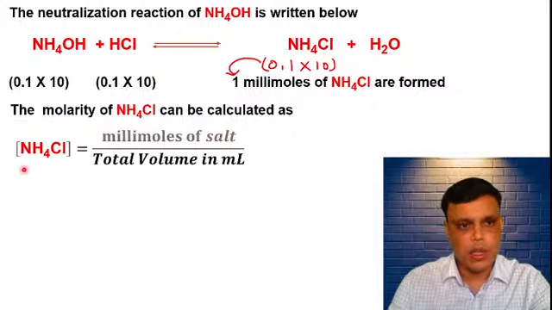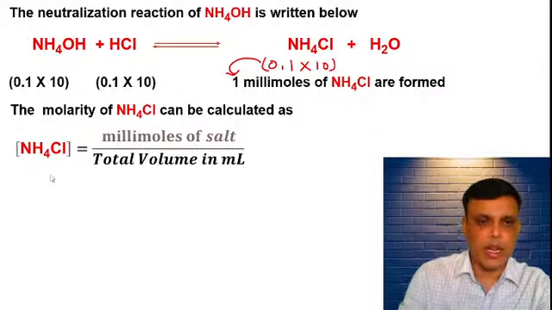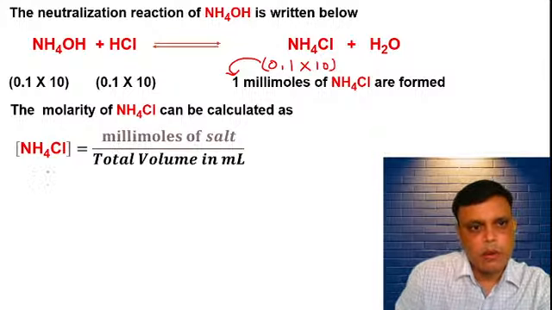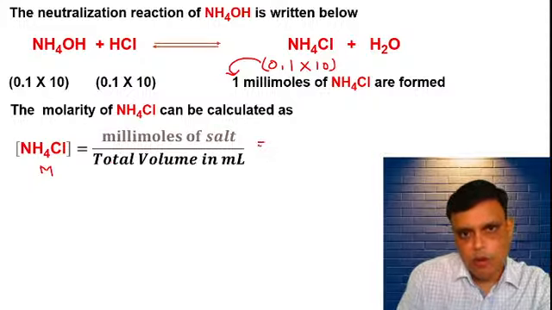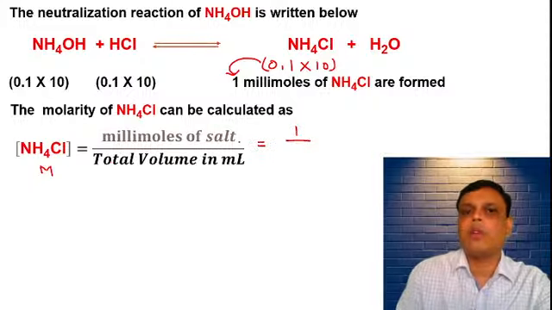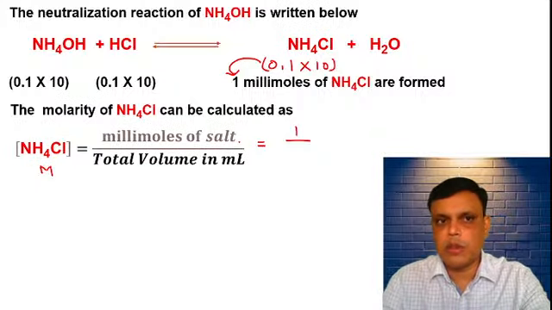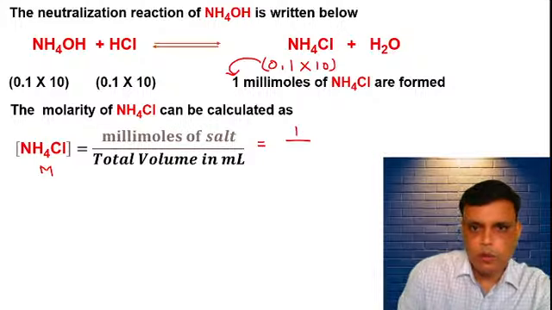See this equation. Molarity M is equal to millimoles of salt divided by total volume. Millimoles of salt formed is 1 millimole. Total volume will become 35.